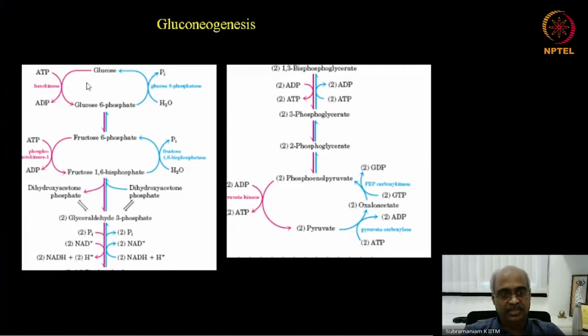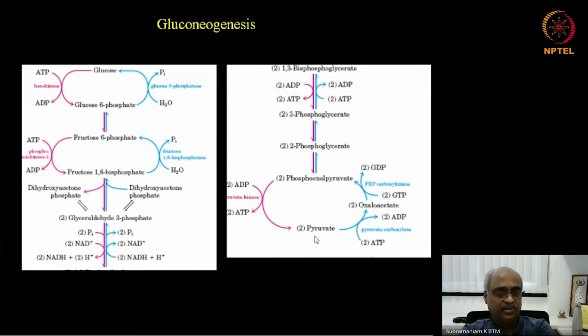So these three steps, glucose to glucose 6-phosphate, fructose 6-phosphate to fructose 1,6-bisphosphate, and PEP to pyruvate, are irreversible reactions which proceed with a large negative free energy change. And the whole of glycolysis itself has no appreciable free energy change, nearly delta G is 0. Due to this, the forward direction glucose to pyruvate is essentially irreversible.